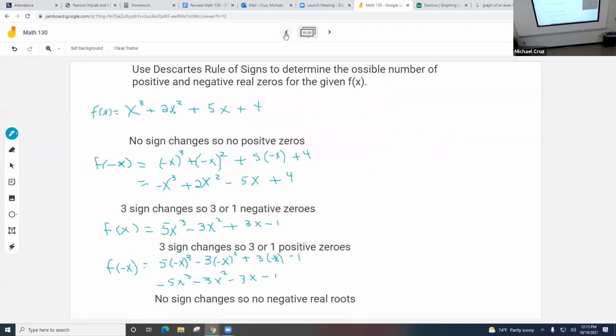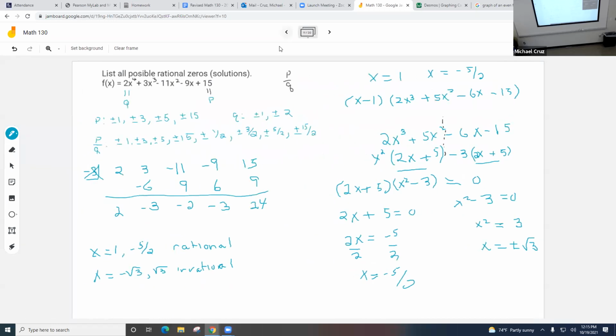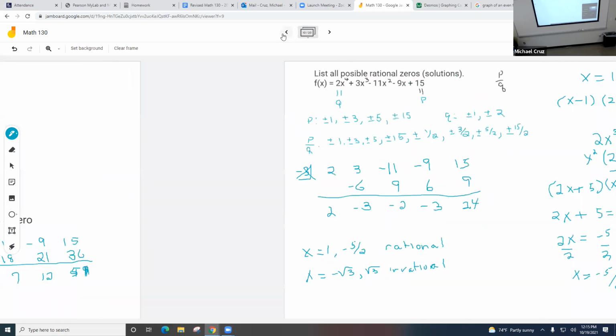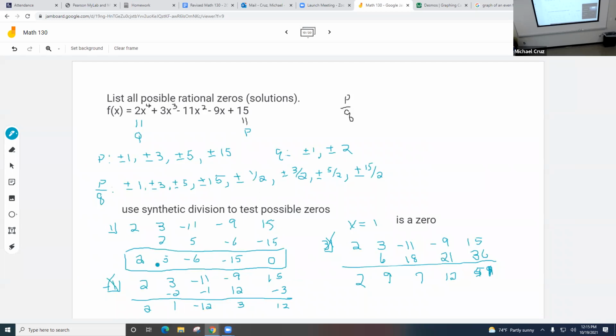Where was that? I forgot now. But see, we had to go through all of them. And this is the approach that I would take on that one. I think that you're probably just going to have to find one of them. And then when you get it, find out what it is. Like, for example, on this one, we got a hit right off when we did x is equal to 1.